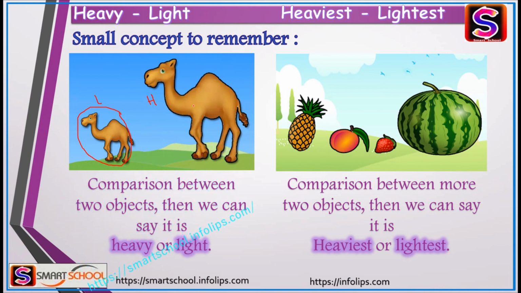There should be at least three objects or more, like four, five, six. In this situation, the one with more weight we say is heaviest and the one with very little weight we say is lightest. Okay, Bhavi? Yes. I hope you understand the concept of heavy and light and heaviest and lightest.